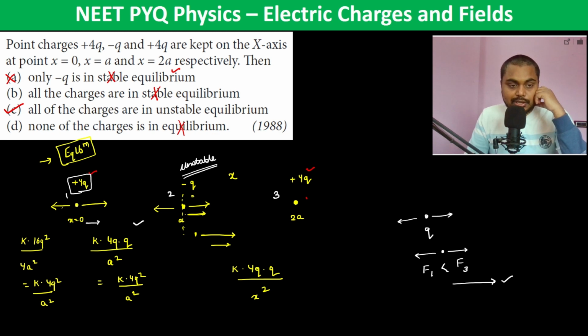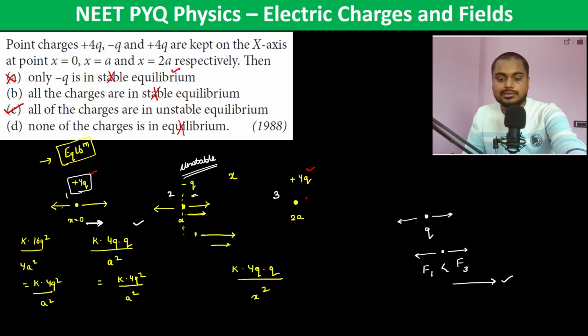Therefore this will be pulled towards minus q. So all the charges are in unstable equilibrium, so option C will be the answer.